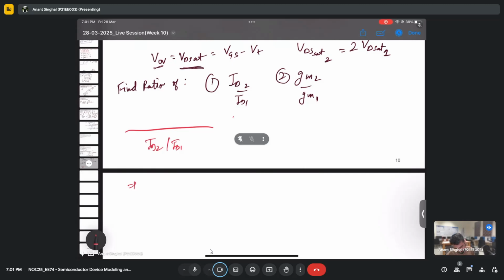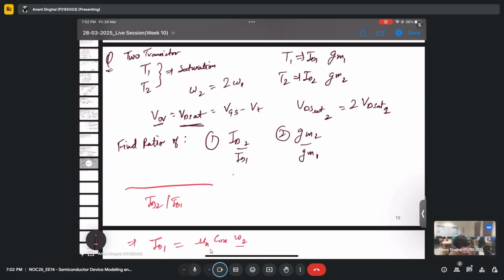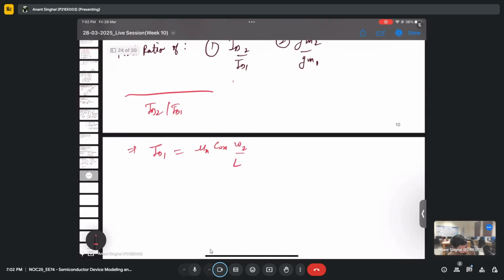I can write ID1 as mu n Cox W1 by L times VDsat1 whole square, and ID2 as mu n Cox W2 by L times VDsat2 whole square, since we have a difference in W and in VDsat.